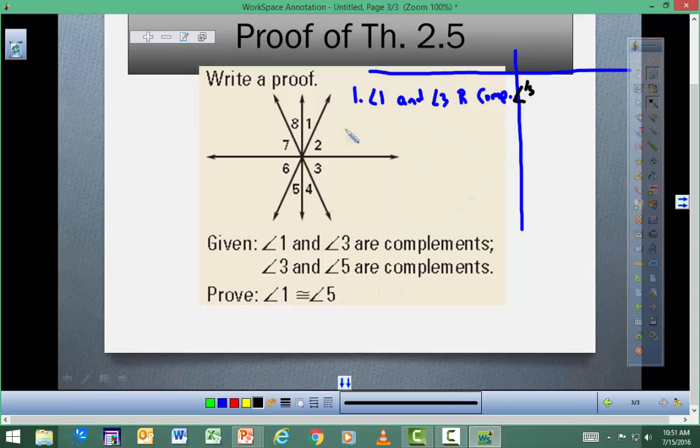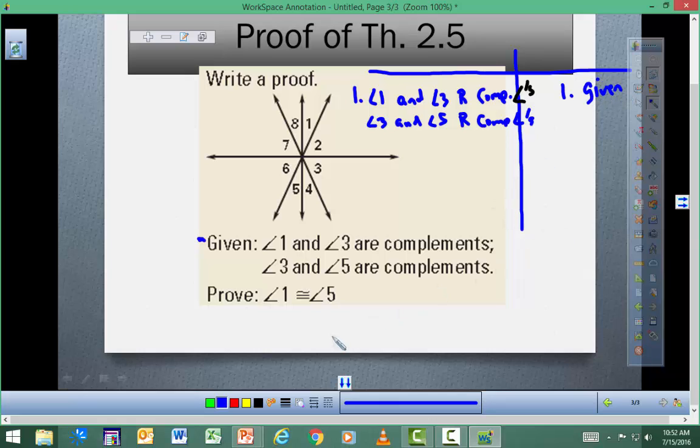And then the other thing that was given, this is my given statement, is angle 3 and angle 5 are complementary angles. And the reason that we could say that, number one, is that they were given to us.